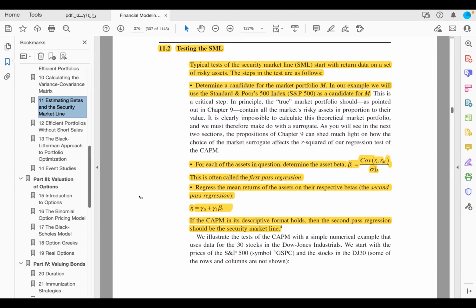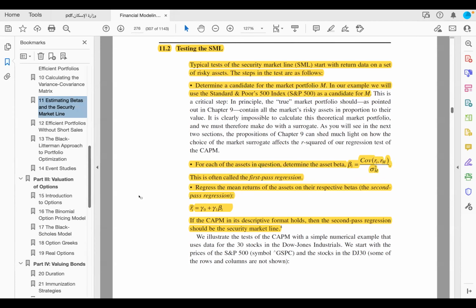And we have this, what we call the second pass regression. See here, we have R bar I, not RI, because RI is the return. R bar I is the mean return, the average return, is equal to gamma 0 plus gamma 1 beta I. So in the first pass regression, the unknown coefficients are the beta.